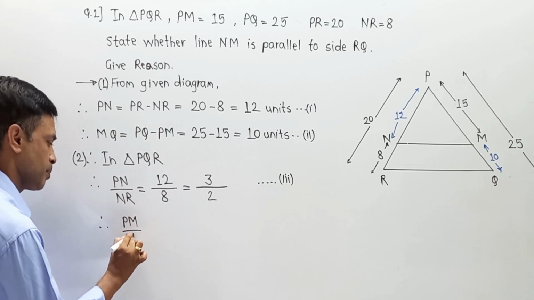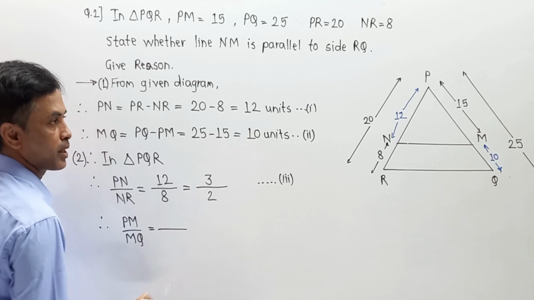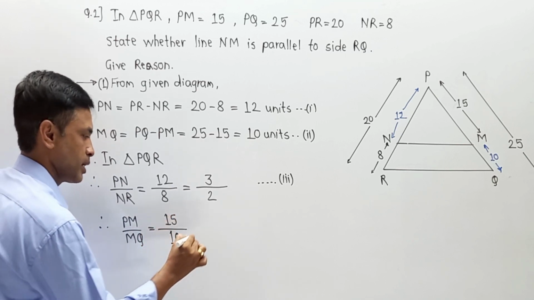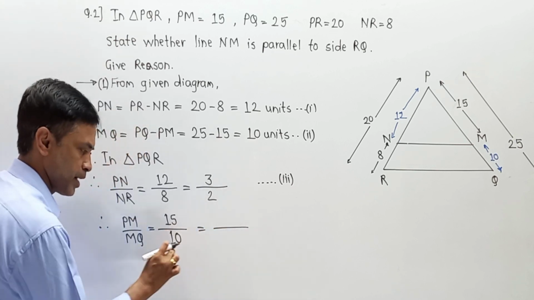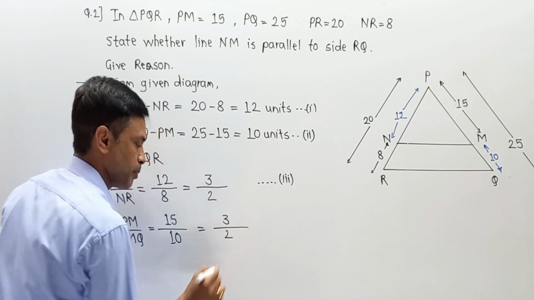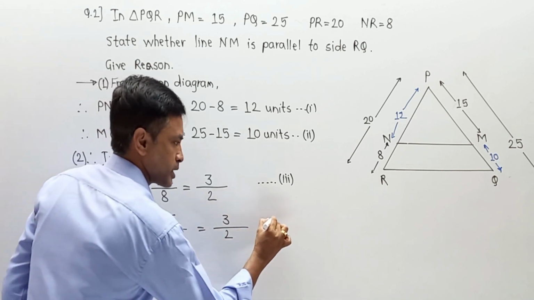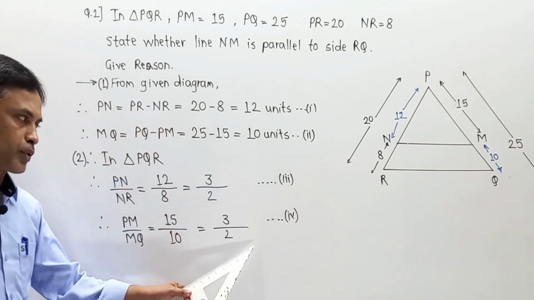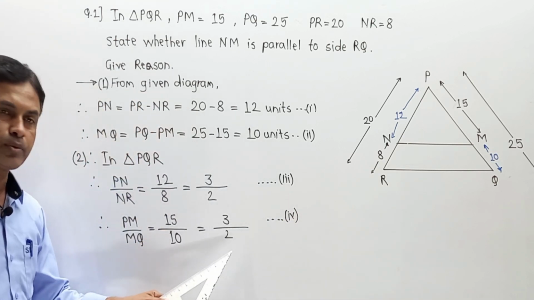Now as per calculation it is 15 upon 10. Again simplification: 5 2s are 10, 5 3s are 15, so again it becomes 3 upon 2, giving it as equation number 4. Now if you compare equation 3 and 4, your ratio is 3 by 2, 3 by 2.